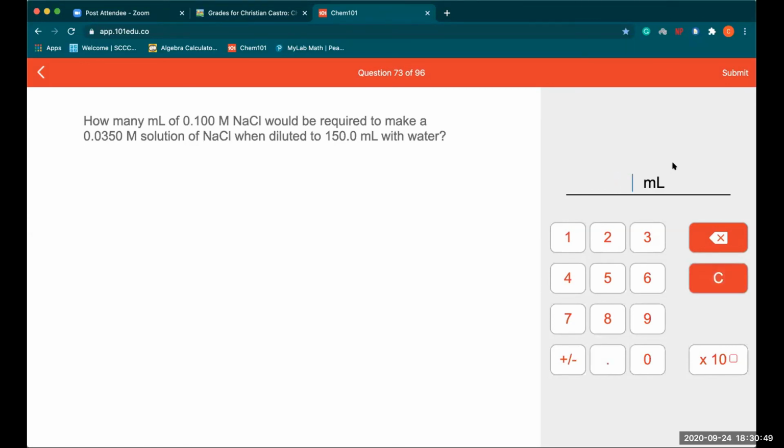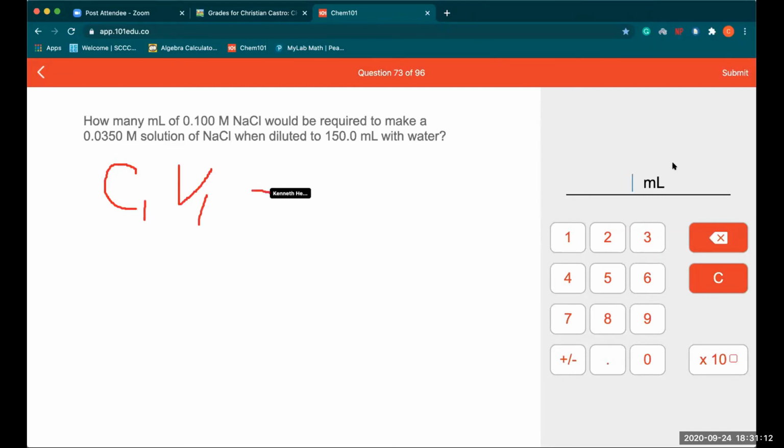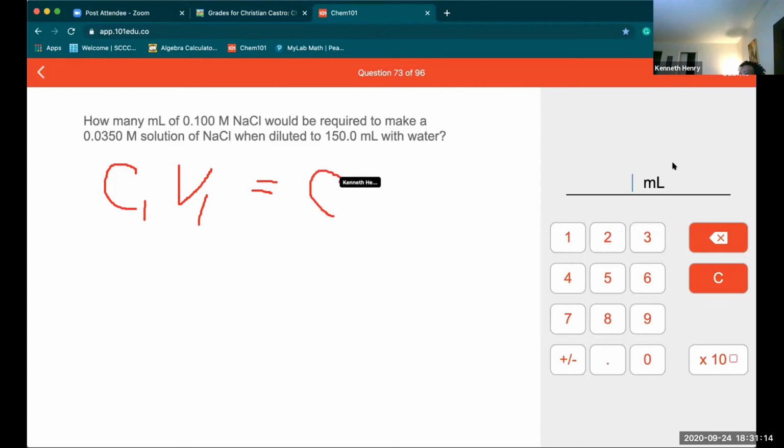I didn't know where to start because I know that there's the formula M1V1 equals M2V2, but I wasn't sure if that was the one needed for this question. Yep, it is. Often instead of M1V1, we'll say C1V1. Oh, concentration. C2V2. Okay.